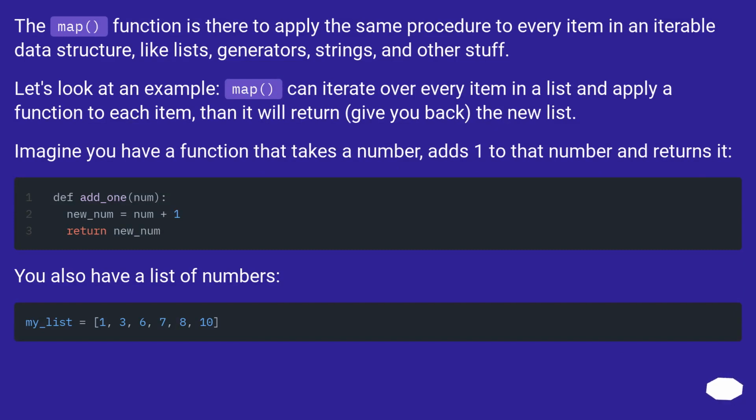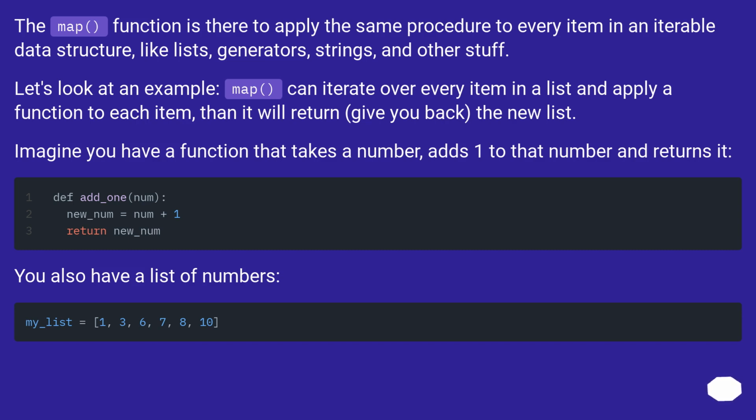The map function is there to apply the same procedure to every item in an iterable data structure, like lists, generators, strings, and other stuff. Let's look at an example. Map can iterate over every item in a list and apply a function to each item, then it will return, give you back, the new list.